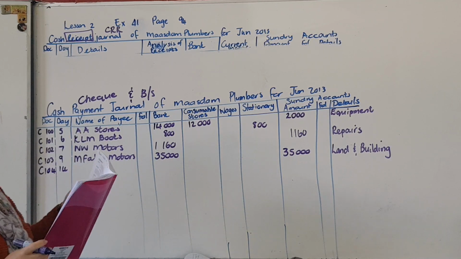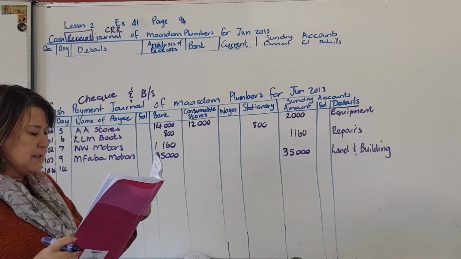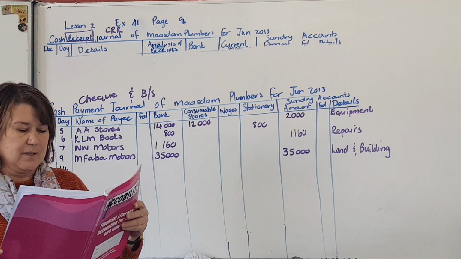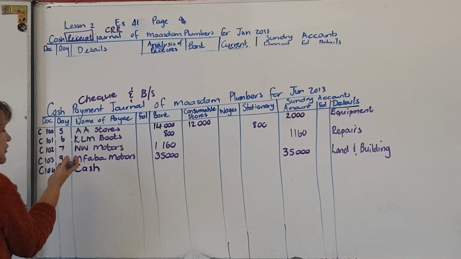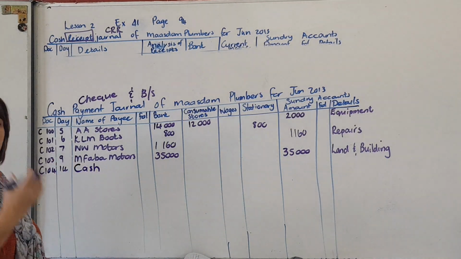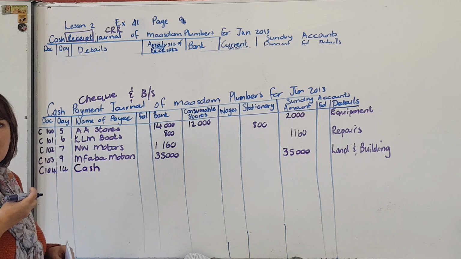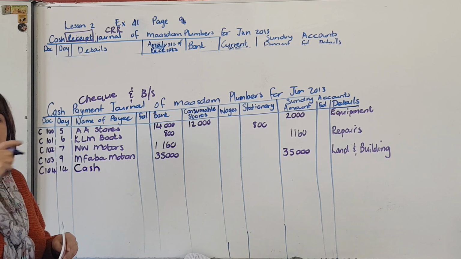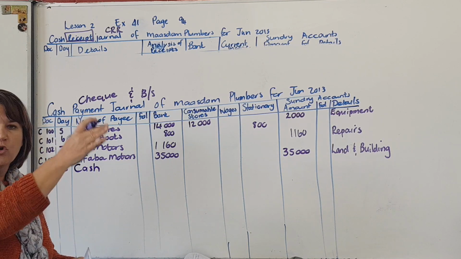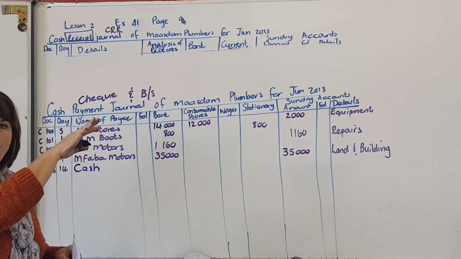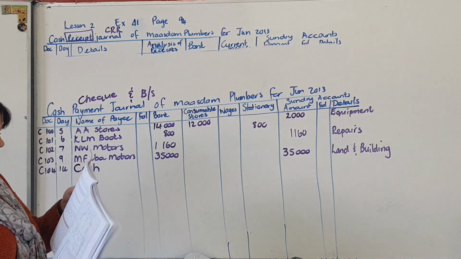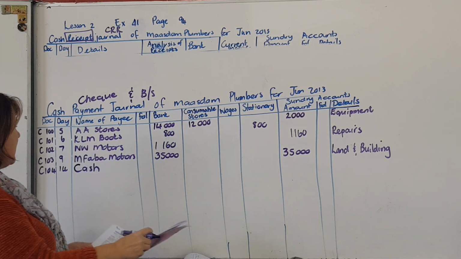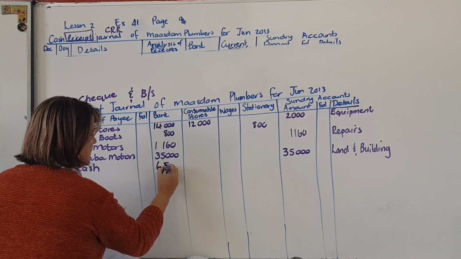Paid wages for the last 2 weeks by cashing a check, 6,500 Rand. So here you have to write cash, because you cashed the check. You got the cash and you came back to the business and you paid your 7 workers or your 20 workers or your 100 workers with that amount that you've cashed in. And the amount here was 6,500 Rand.